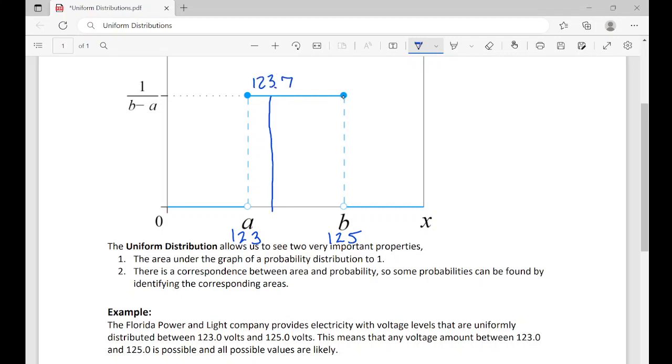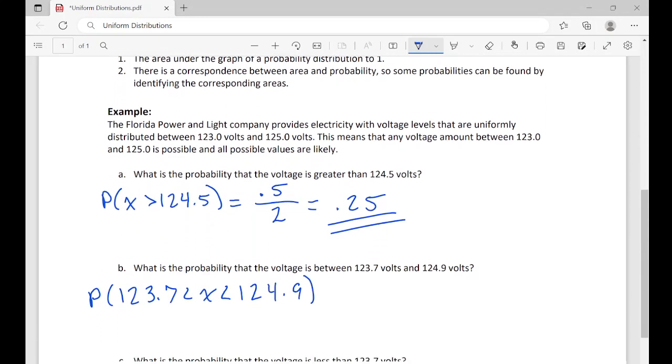And 124.9 is going to be pretty close to 125, so we'll say right there. And we want the area between these two. So again, we're just going to subtract these two values and divide it by the difference between A and B.